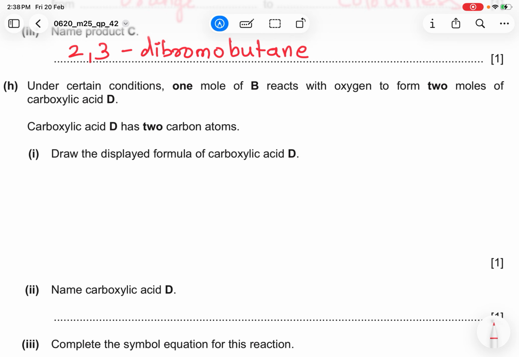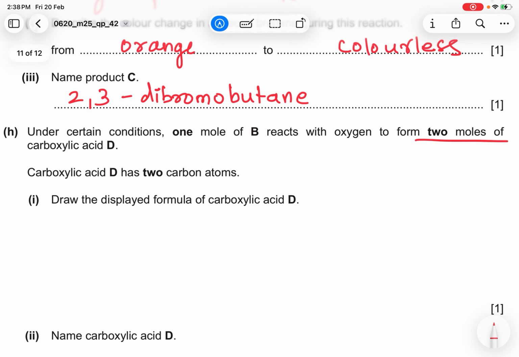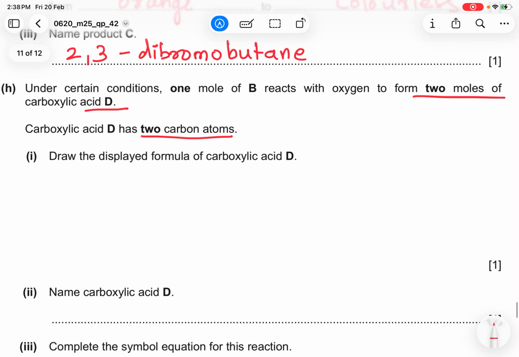Under certain conditions, 1 mole of B reacts with oxygen to form 2 moles of carboxylic acid D. They have also told us that carboxylic acid D has 2 carbon atoms. So draw the displayed formula of carboxylic acid D. Now we know that the carboxylic acid contains 2 carbon atoms. So we'll first write the functional group of carboxylic acid.